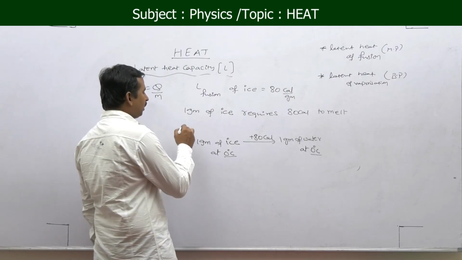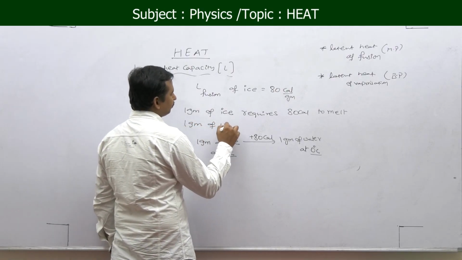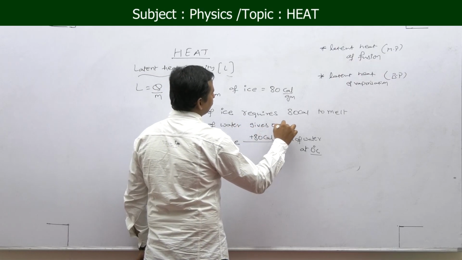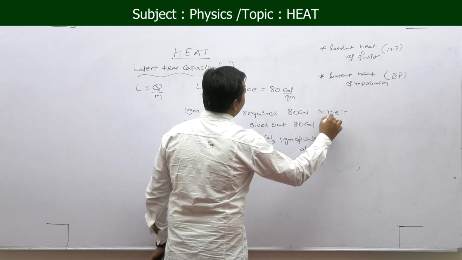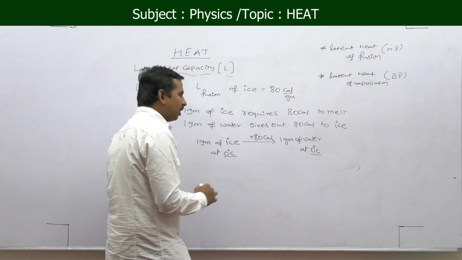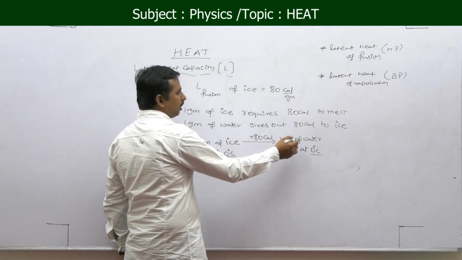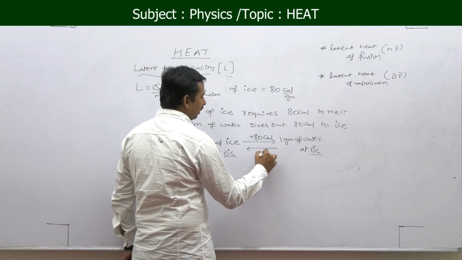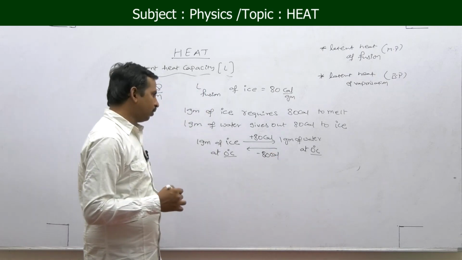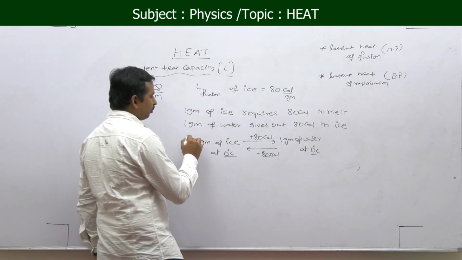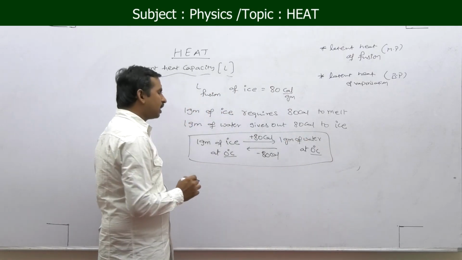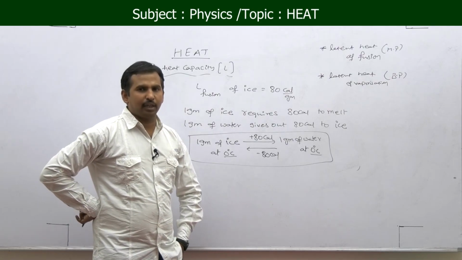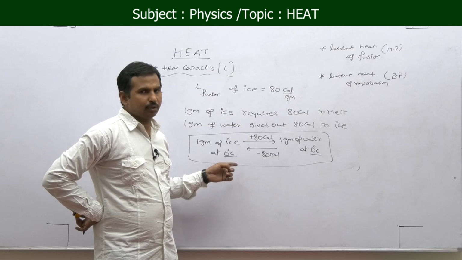In the same way, if you take 1 gram of water at 0 degrees Celsius, it gives out 80 calories to convert back into ice, just the reverse process. So the latent heat of fusion for ice is 80 calories per gram. This is its meaning.